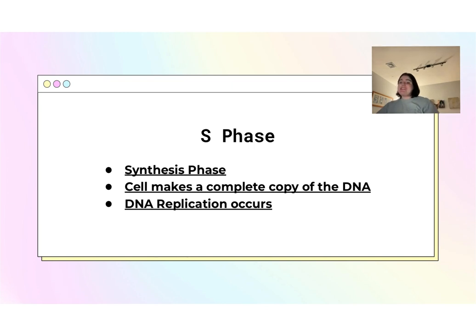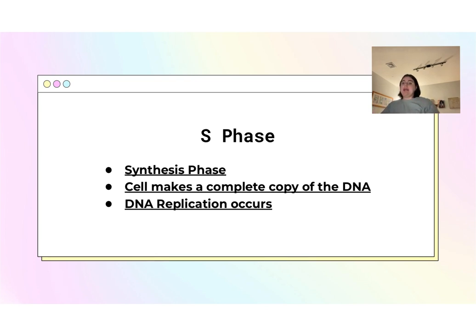In the S phase, we have the synthesis phase. That's what S stands for, synthesis. In the synthesis phase, the cell makes a complete copy of its DNA, which is our instructions for how our cell is going to act.